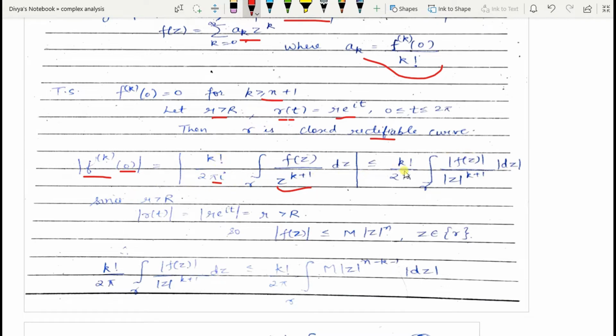Modulus of this would be less than or equal to, taking the constant term out, k factorial upon 2 pi, and taking the modulus inside, the integration over gamma of modulus of f(z) upon z to the power k plus 1, times modulus of dz.